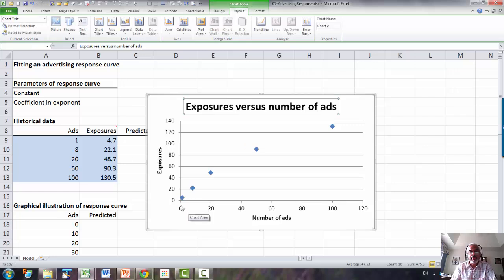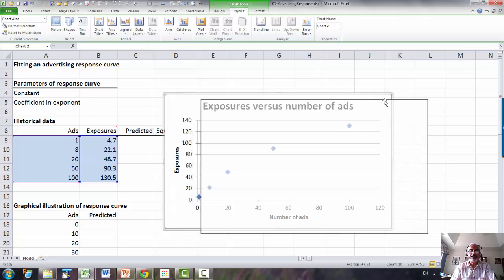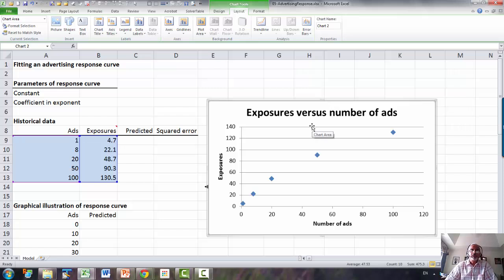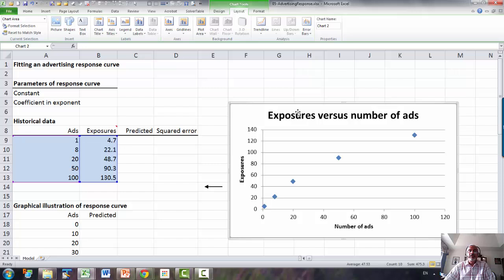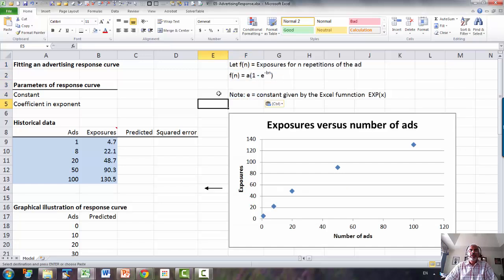Now we want to fit a line through these points, one that will closely align with these points. That's our purpose here.